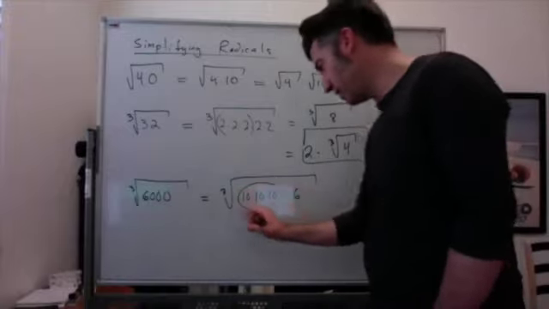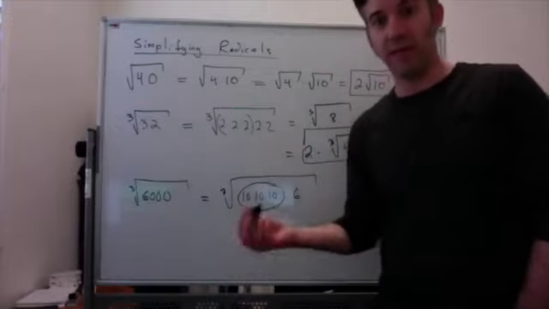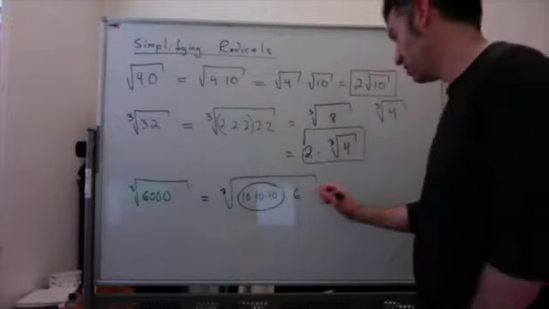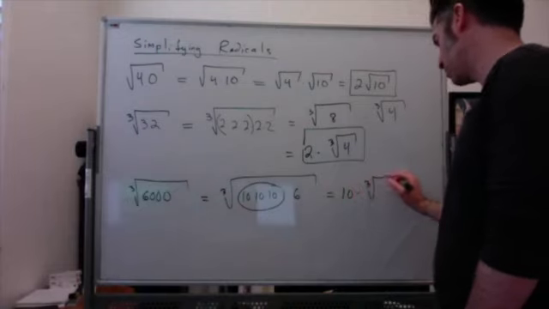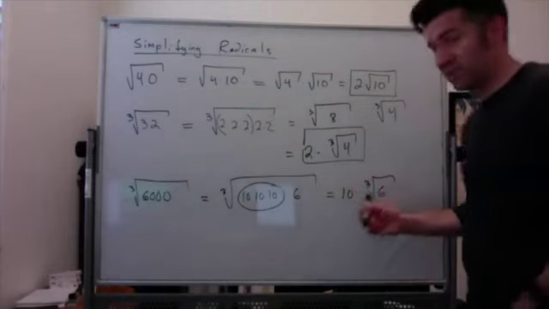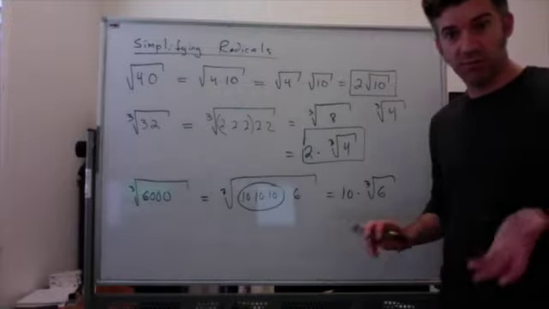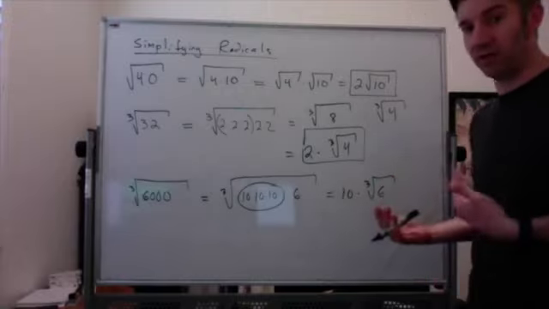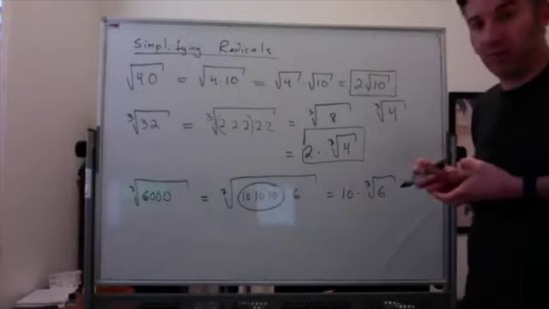The cube root of 10 times 10 times 10, since there's 3 of them, is just 10. This is going to be 10 times the cube root of 6. And 6 doesn't have any factors where 3 of the same number occur. So that's how we simplify radicals when we're trying to pull as much out of the radical as we can.